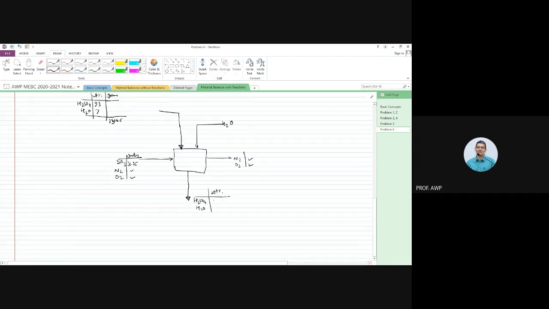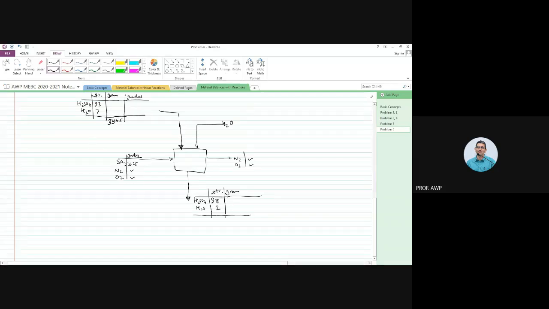We can write grams and we can write gram moles as well. So this is 3364.5 grams, out of which 93% is sulfuric acid.